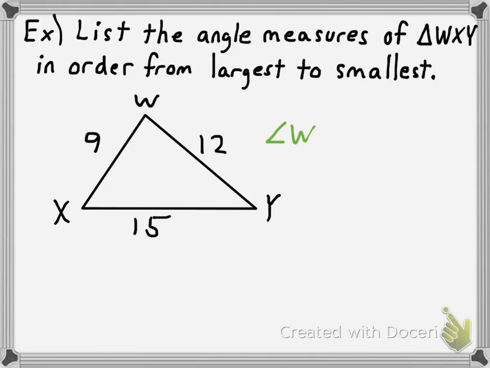Doesn't really matter. It's across from the longest side, so it's the largest of the angles. And then the next longest side is WY, so the next largest angle is going to be the angle across from that, angle X. And the shortest side is side XW, and so angle Y across from that would have to be the smallest angle.